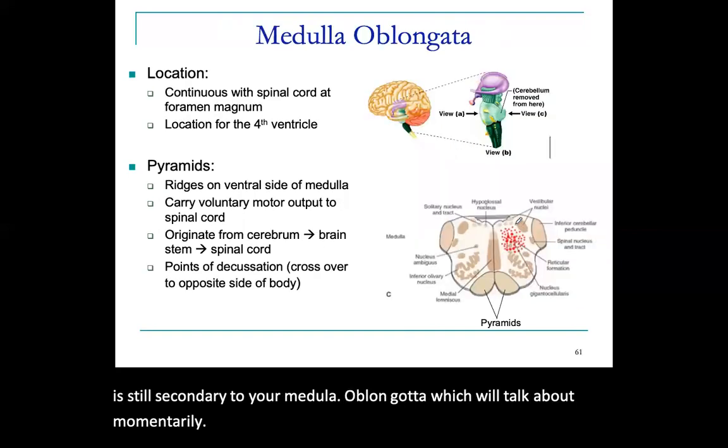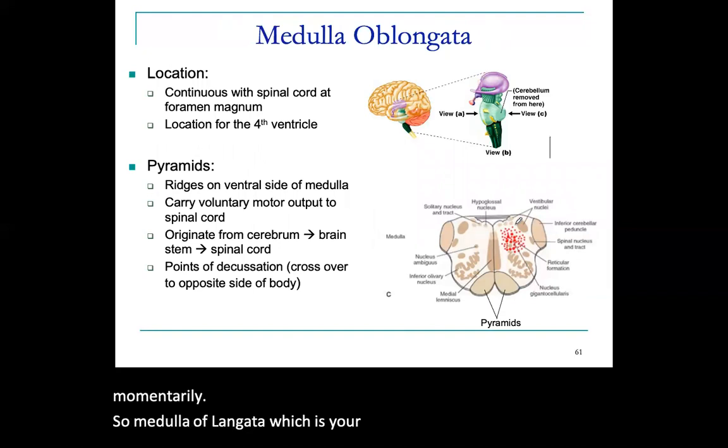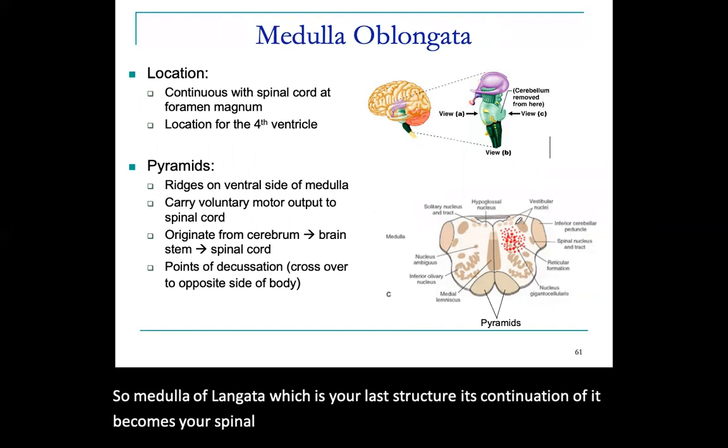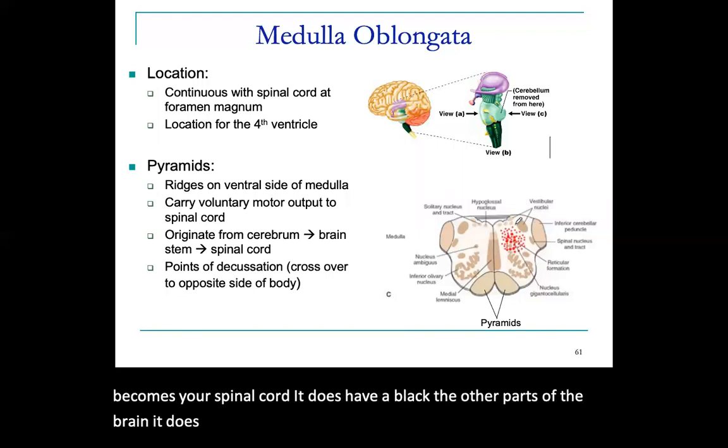So medulla oblongata, which is your last structure, its continuation becomes your spinal cord. Like the other parts of the brain, it contains what we call pyramids, which are these two extensions you see right here.